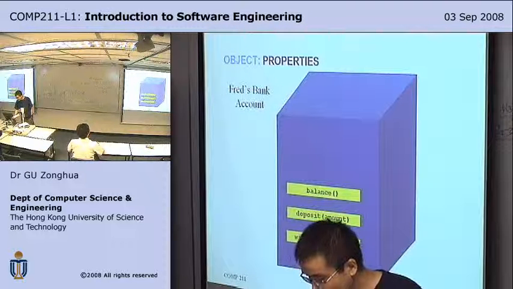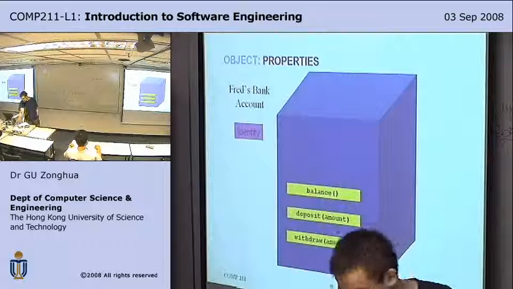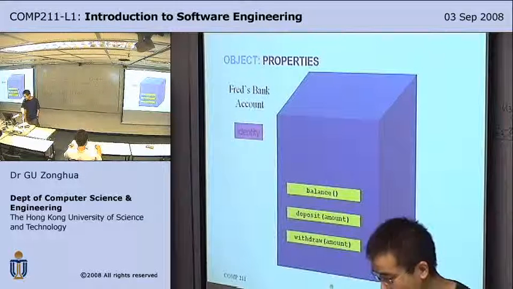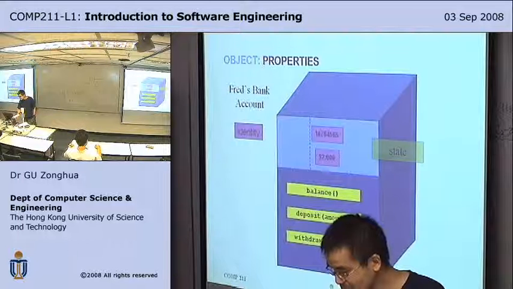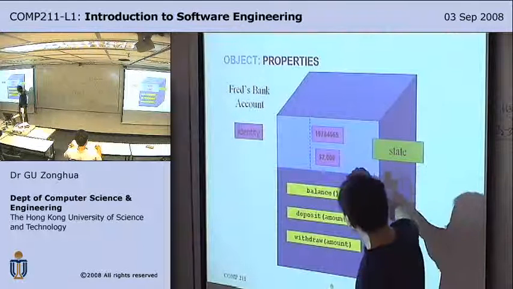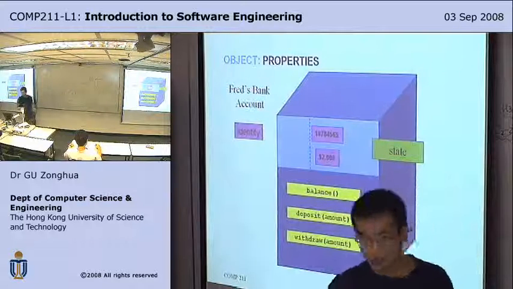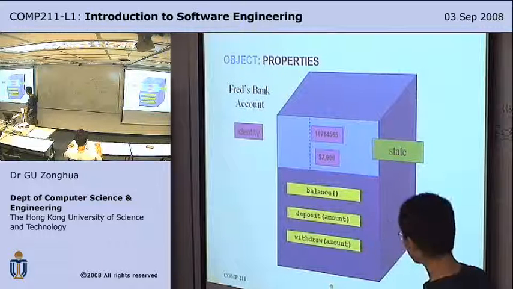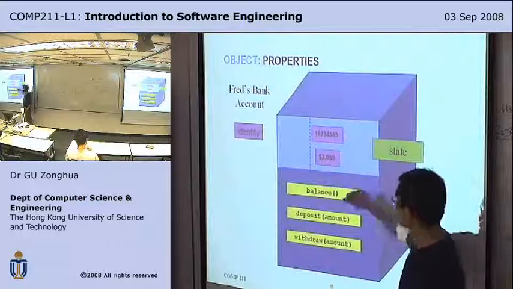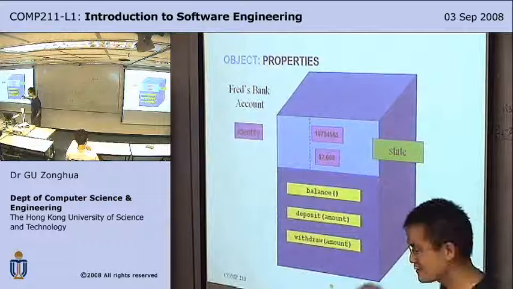Now, objects may also have, besides the interface, properties. For this object, it may have a balance attribute as its property, $2,000. And in addition, most objects have an internal identifier attribute, 167845565.